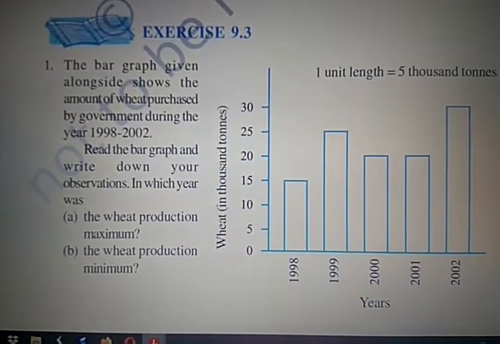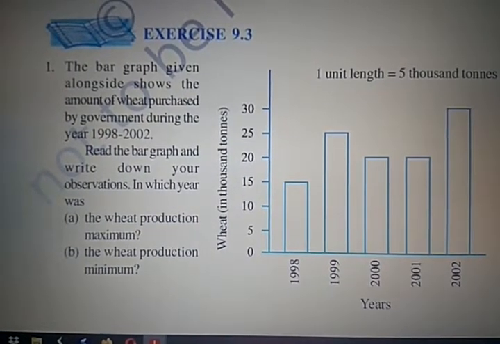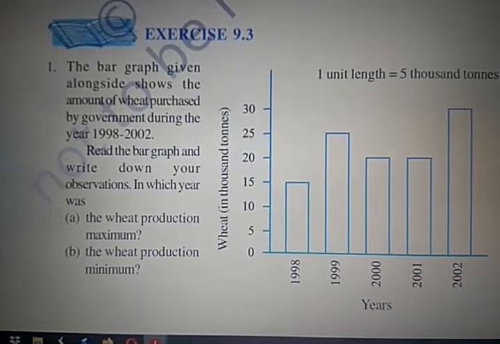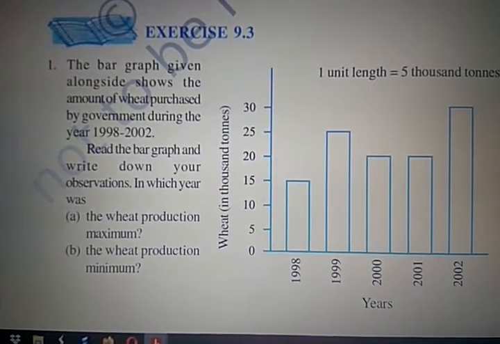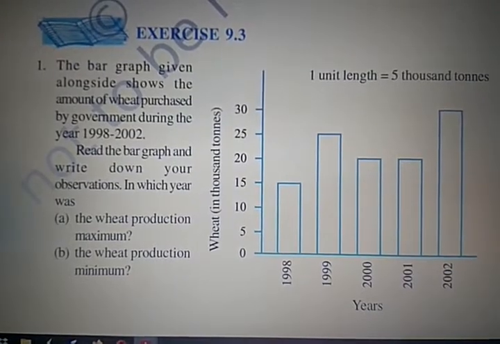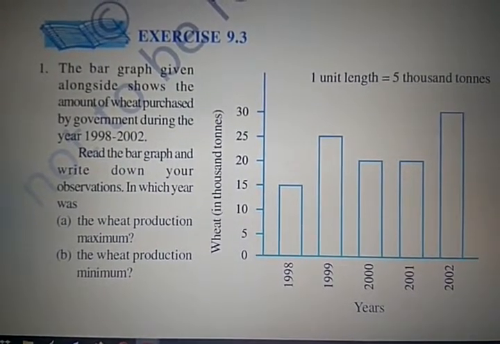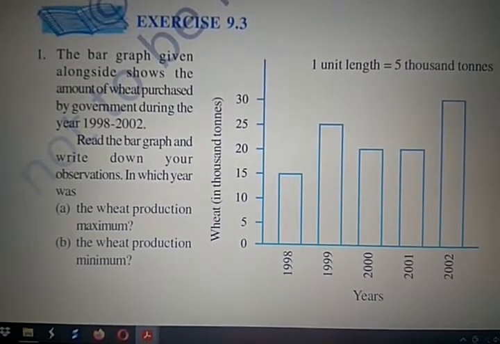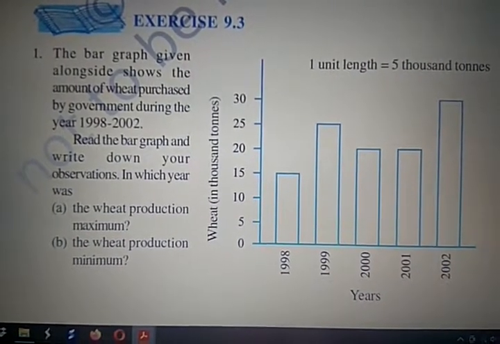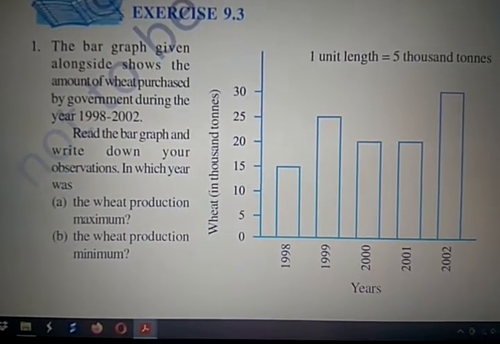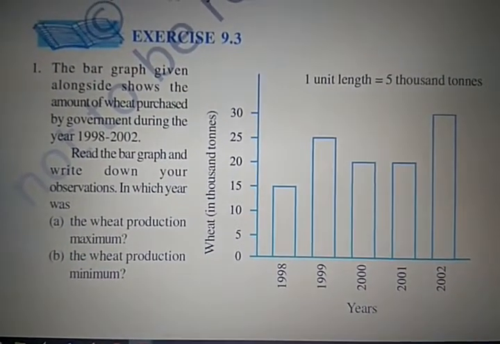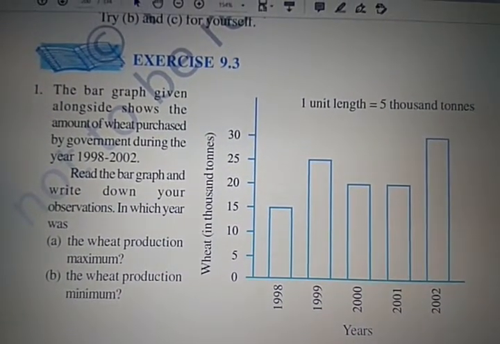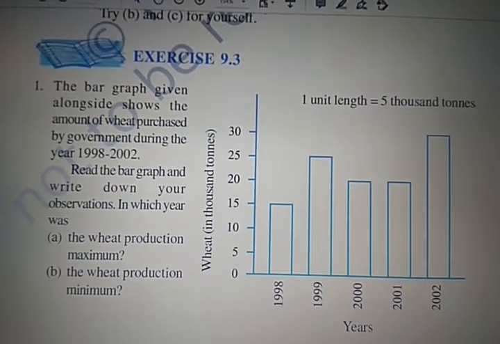Now you see, on the x-axis the year is represented, on the y-axis wheat is represented, and here the scale is 1 unit length equal to 5000 tons. So you get maximum wheat in the year 2002, that is how many tons? 30,000 tons.